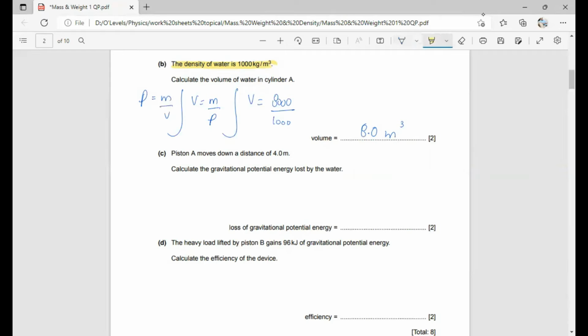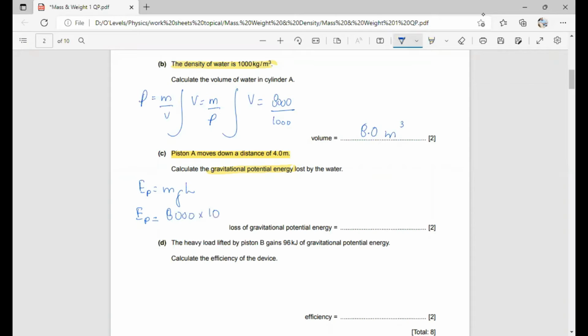Now, this is an exceptional part. Calculate the potential energy if piston A moves down by a distance of 4 meters. So the potential energy formula is mgh. m is for mass, that is 8,000.